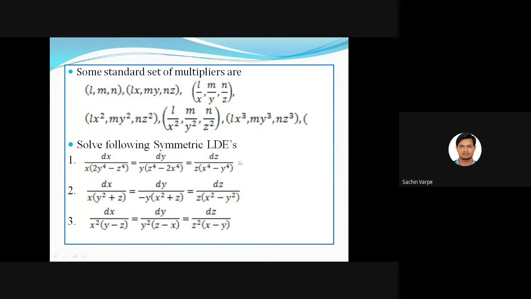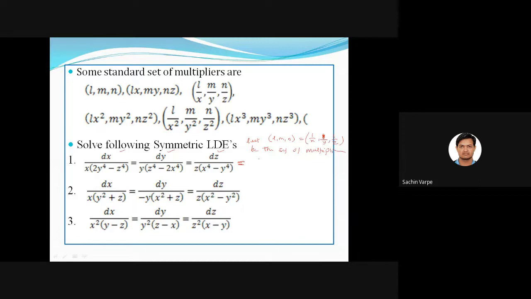The first step is, let lmn be 1 upon x, 1 upon y, and 2 by z, the set of multipliers. So with this set of multipliers, each of these ratios is equal to the fourth ratio. And what is the fourth ratio?